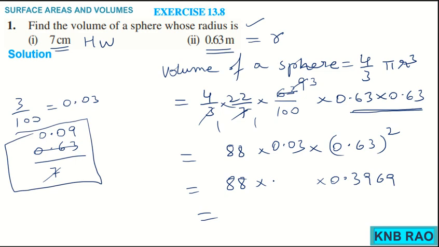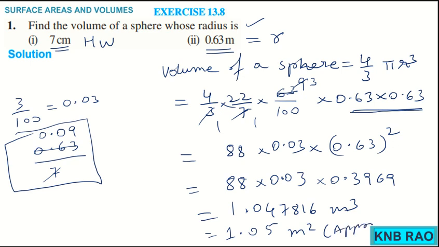Okay, so that's how it comes as 0.03, and the product is 1.047816 meter cube. So approximately if you write, it is 1.05 meter cube. So approximately. So this is the right answer.